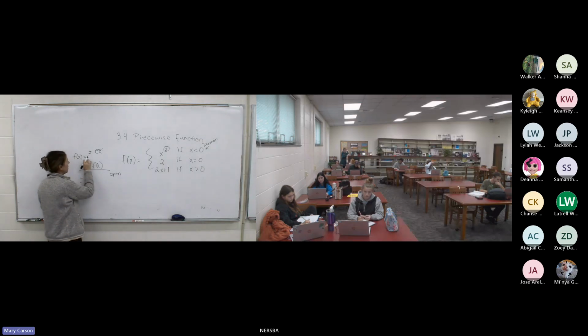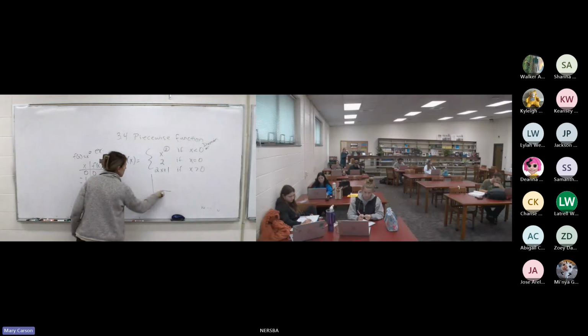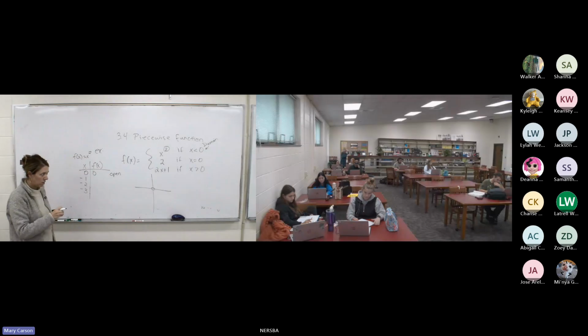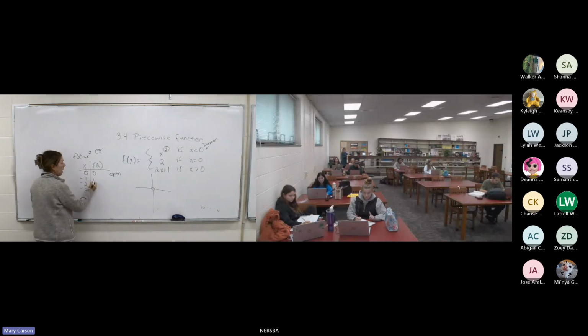So when we plug 0 in, 0 squared is going to be 0. So when I graph this, on 0, 0 is going to be an open circle here. We're not including 0, but I technically still have to start there. And then I want numbers that are less than 0. So I'm going to plug in a -1 here. A -1 squared would be +1. A -2 squared would be +4. And a -3 squared would be a +9.